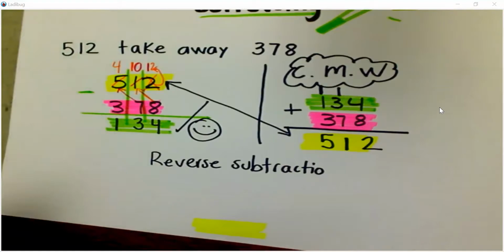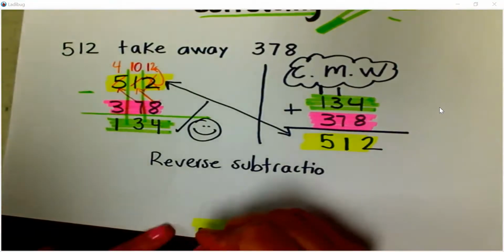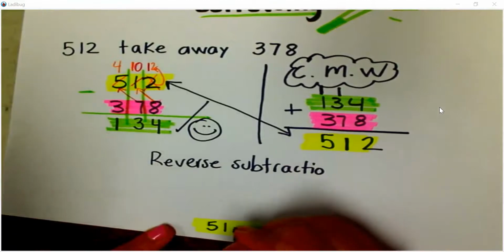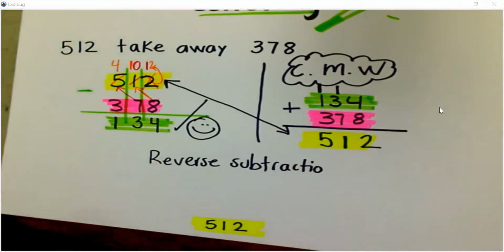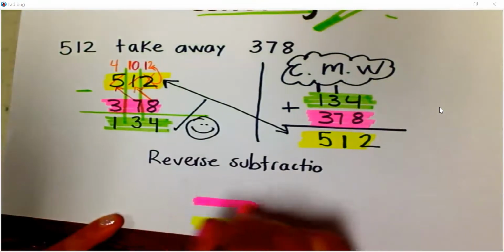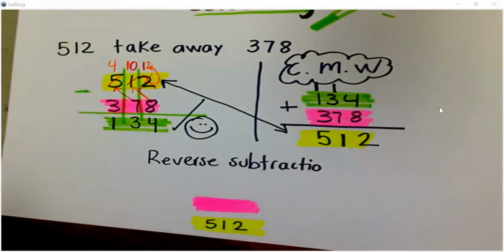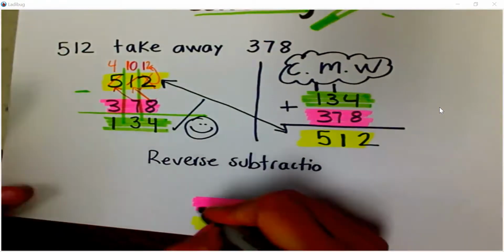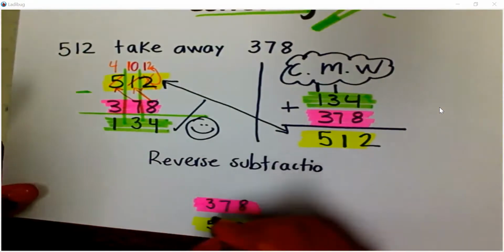So you need to get the total, which is 512. I'm going to put it right here. I will put the number that I have right here, which is 378.